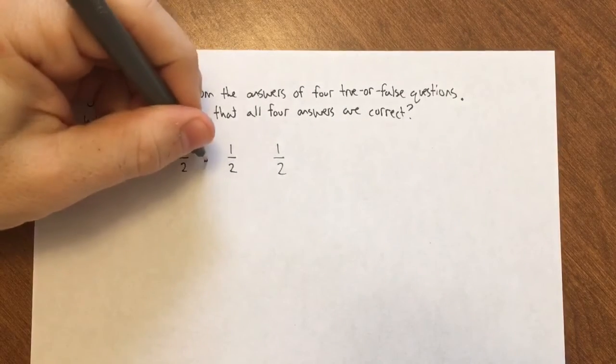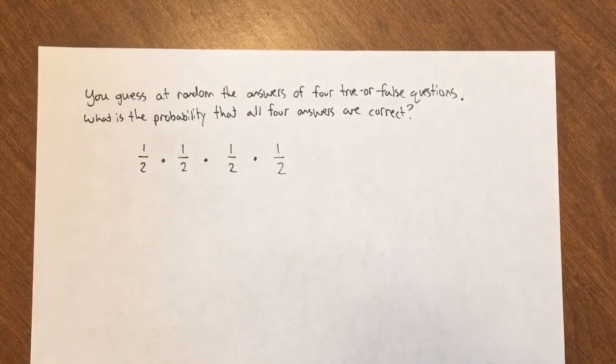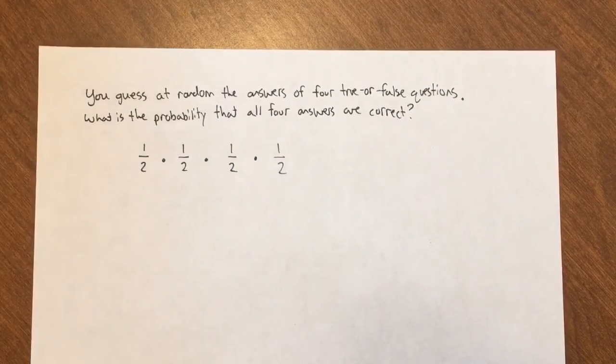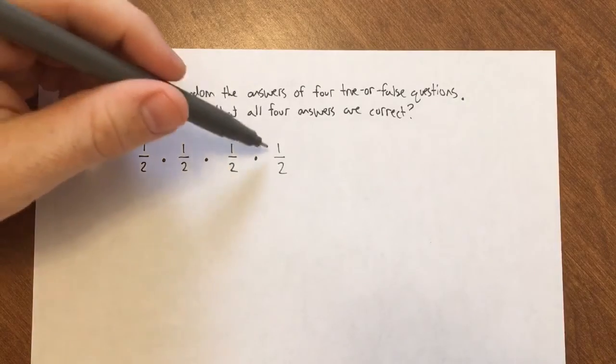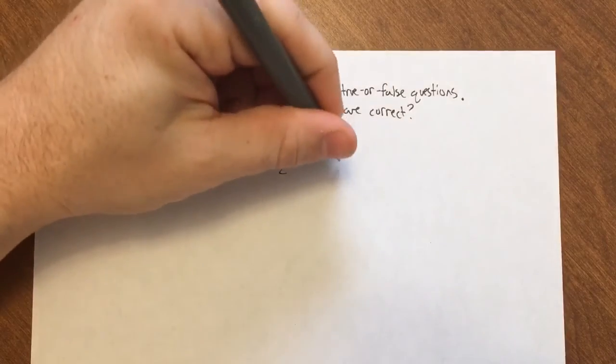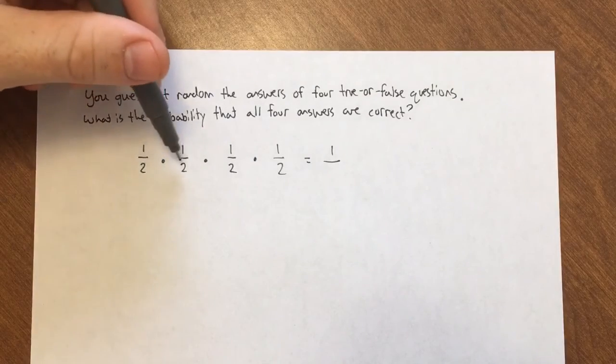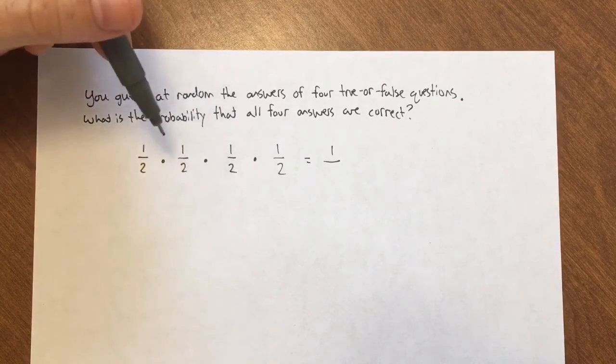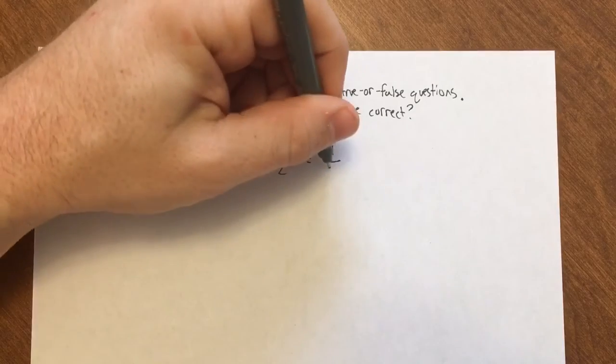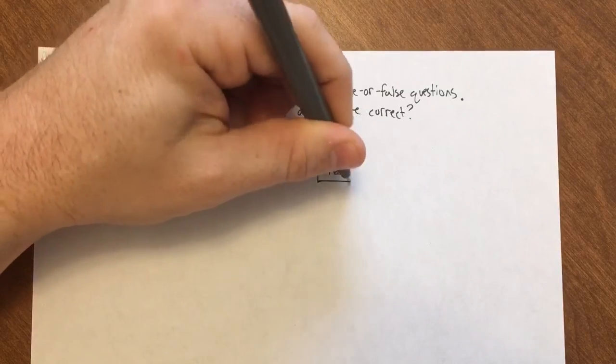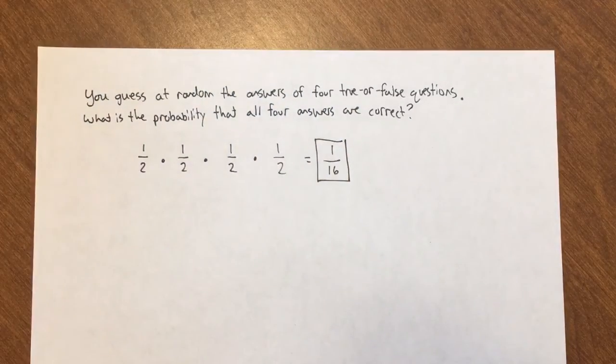Well, we multiply together our 4 probabilities for the 4 separate questions to determine our outcome. 1 times 1 times 1 times 1 is 1 on the top. 2 times 2, that's 4. 4 times 2 is 8. 8 times 2 is 16. So our probability of answering all 4 true-false questions correctly is a 1 out of 16 chance that it will happen.